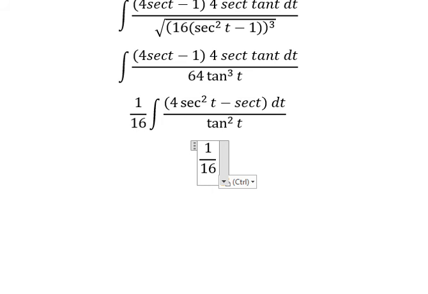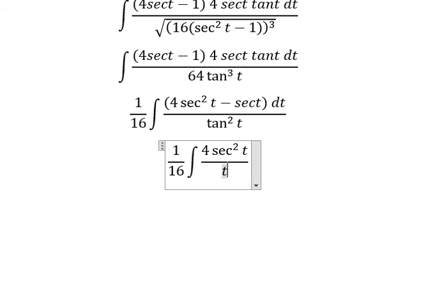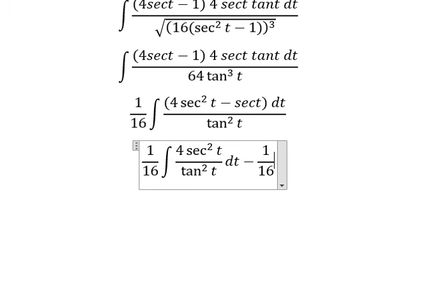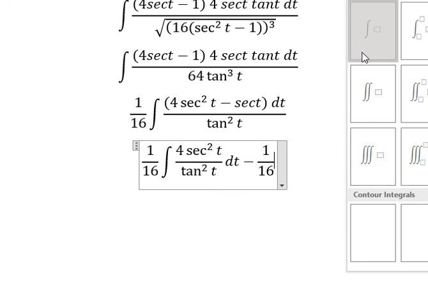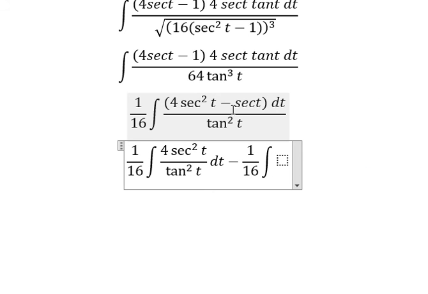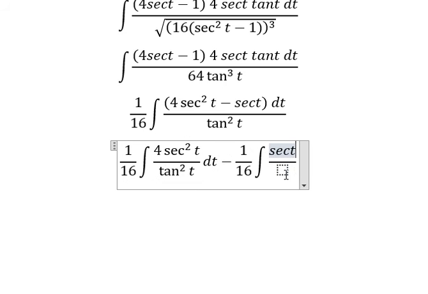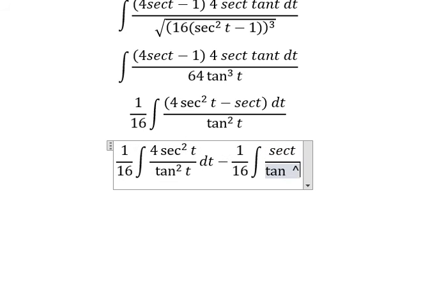The first one, we have the integral 4 secant of t squared over tan t squared dt minus 1 over 16, and we have the integral. Because we have the negative, that's why we have the negative sign here. Secant of t over tan t squared dt.